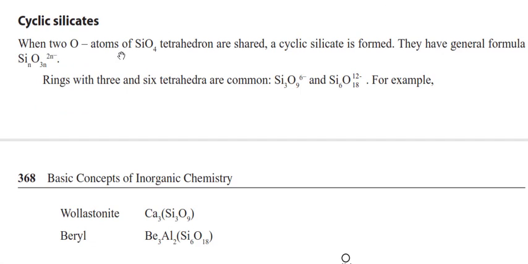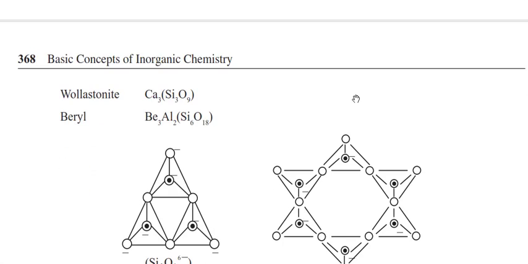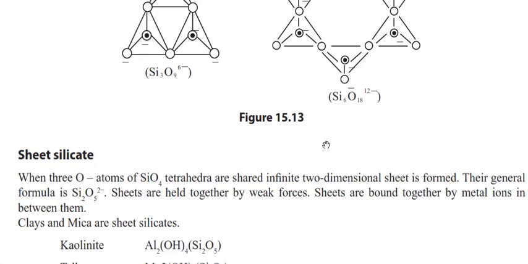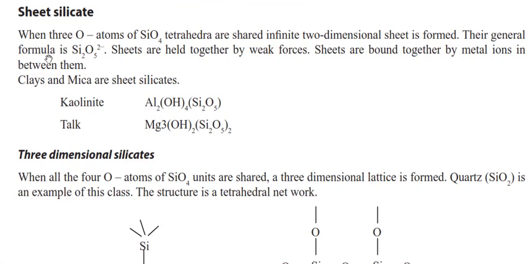Then cyclic silicates. The structure is cyclic, like a ring, and rings with 3 and 6 tetrahedra are common. Si3O9 and Si6O18 are examples. Then sheet silicates, which are like graphite sheets.